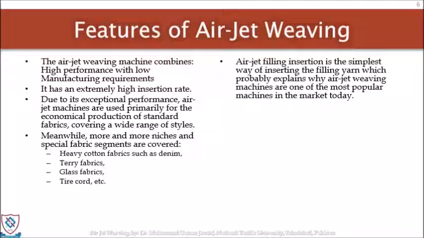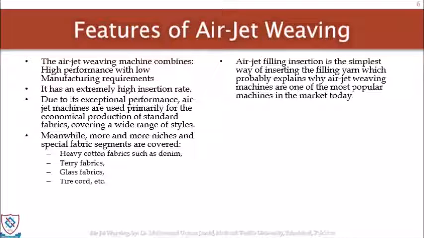For example, with the projectile, you fire a bullet with the yarn in its tail, and for the rapier you need grippers that mechanically move in the shed. As compared to those systems, air jet insertion is very simple, requiring only to blow the air.